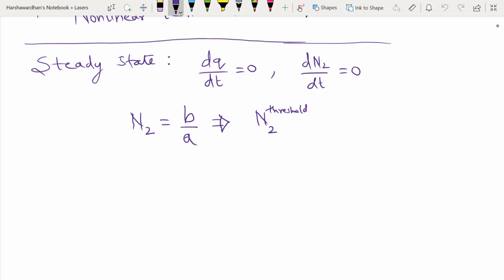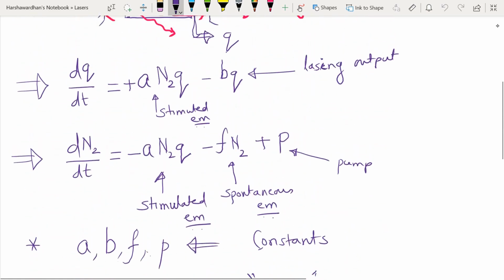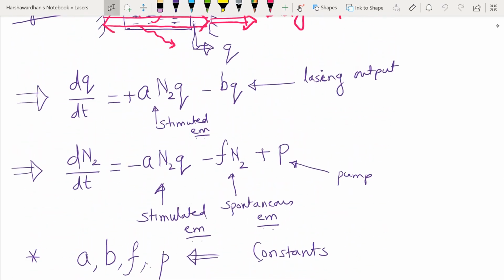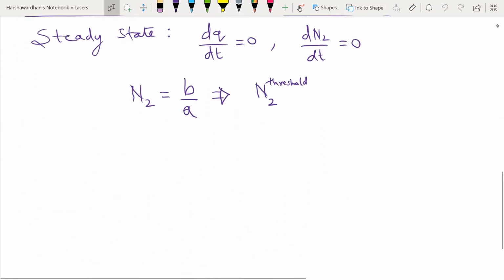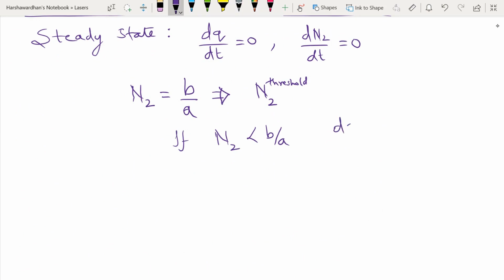Now clearly, if I look at this equation again, if the value of my N2 is less than B by A, clearly I will see that dq by dt will become less than 0, which implies the laser would shut down, right?